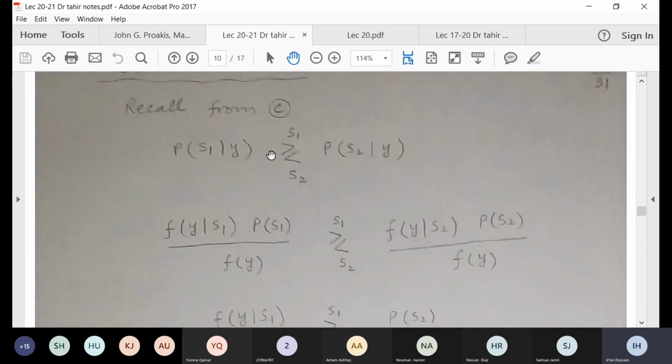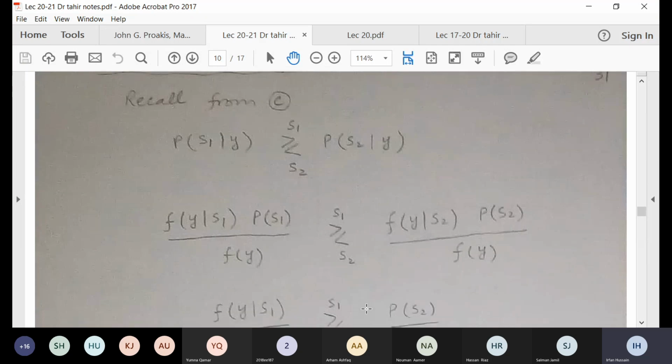Another method is to use this: probability of S1 given Y is greater than or equal to, or less than or equal to, probability of S2 given Y. You put the values of P(S1|y) with respect to the Bayes rule, P(y|S1) P(S1) and all that, P(y|S2) P(S2), this we have seen.